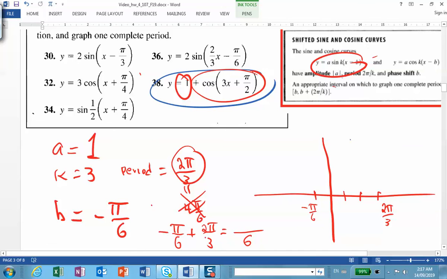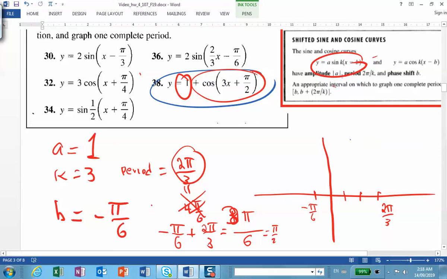Sorry, it's 8 pi over 3, right? 2 pi over 3, the common denominator is 6. Is that correct? Let me see now. Hang in there. This is not right. Not 8. So it's going to be 3 pi over 6, pi over 2. Okay? So minus pi over 6 plus 2 pi over 3 is going to be pi over 2.